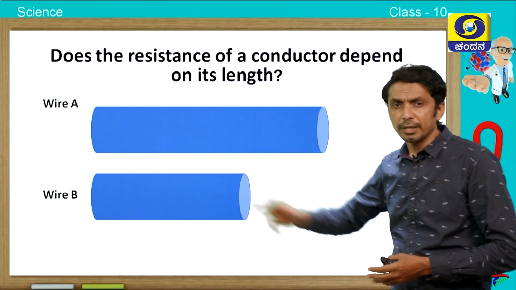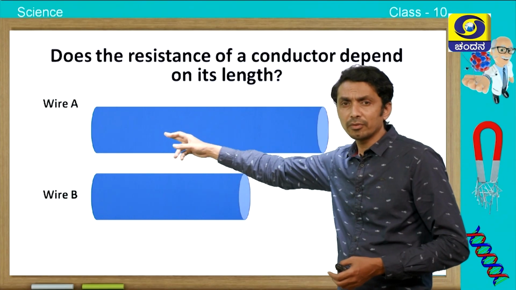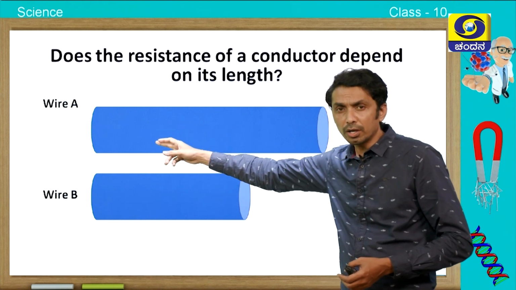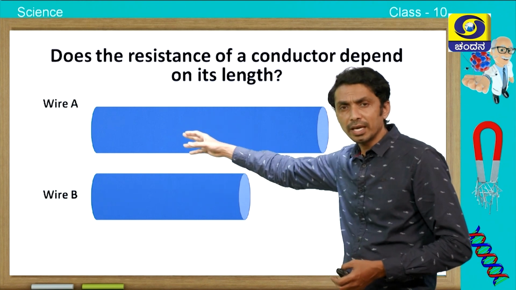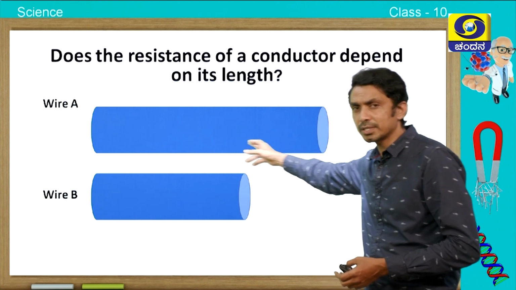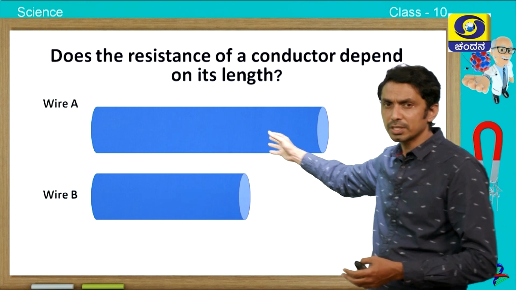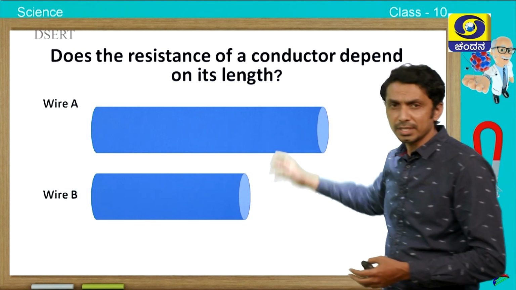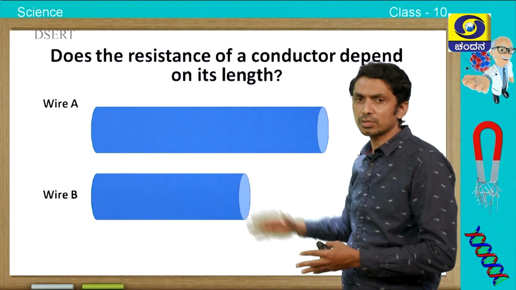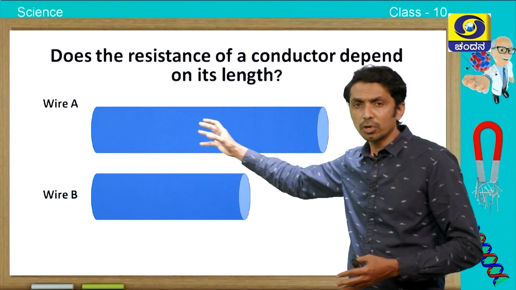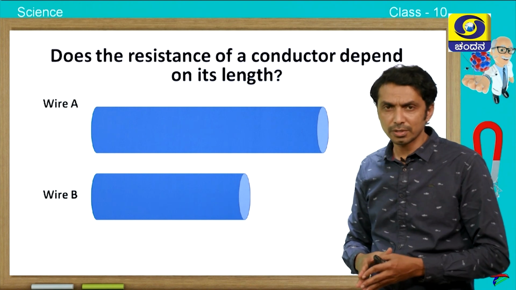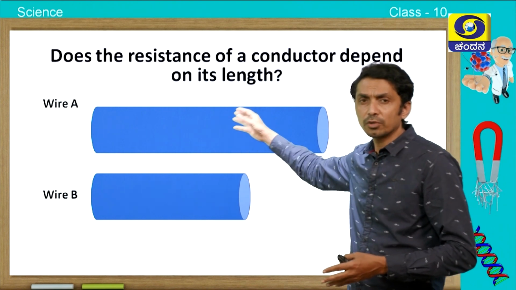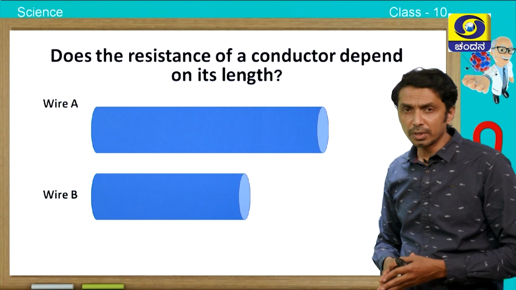So here the number of obstructions, or the resistance that the charge will face in passing through this conductor, will be more, because it has to travel more distance, more length. So more atomic attractions will act on the free electrons, or the electrons will collide with neighboring atoms more.